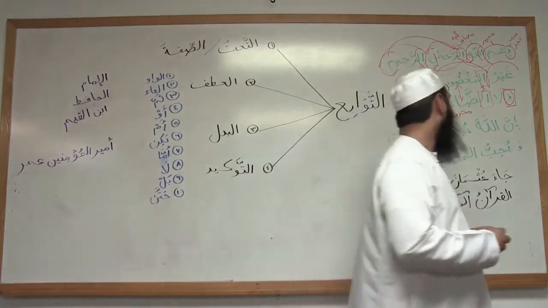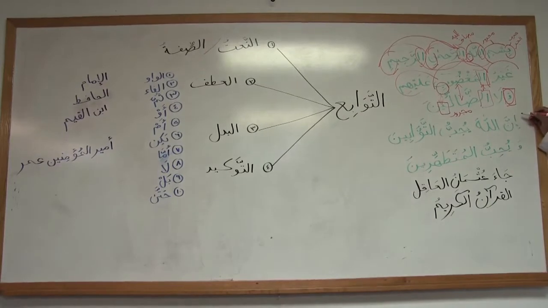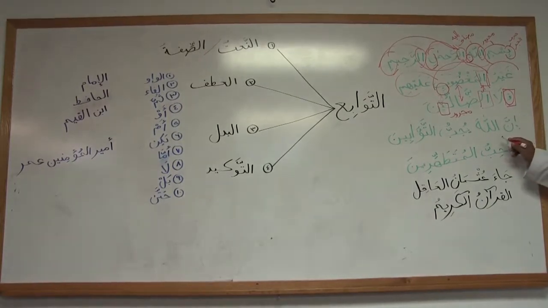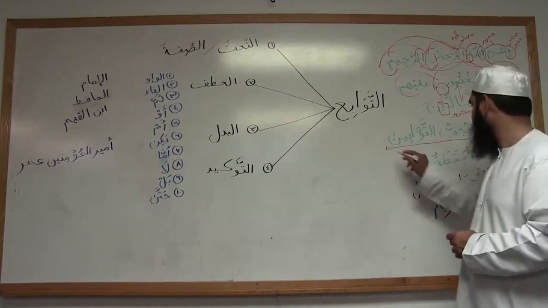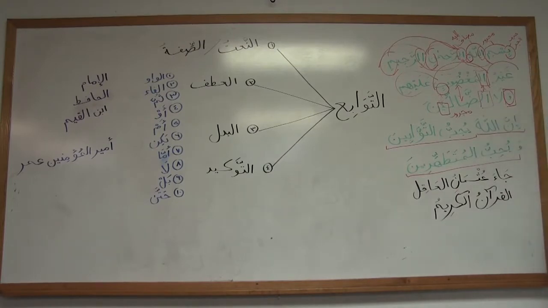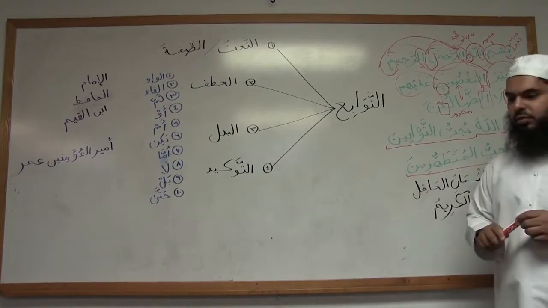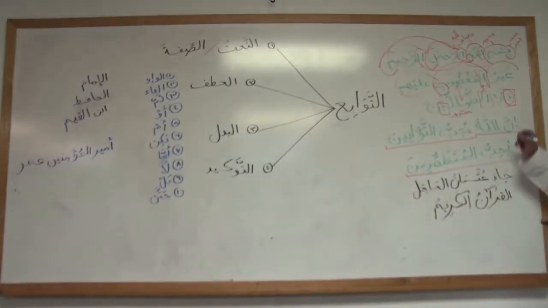Tayyib. So now let's go here. Harun, make some i'rab for us. بسم الله الرحمن الرحيم. إن الله يحب التوابين ويحب المتطهرين. طيب. الله العظيم. So inna, is Allah khabar of kana or ism of inna? Ism inna.